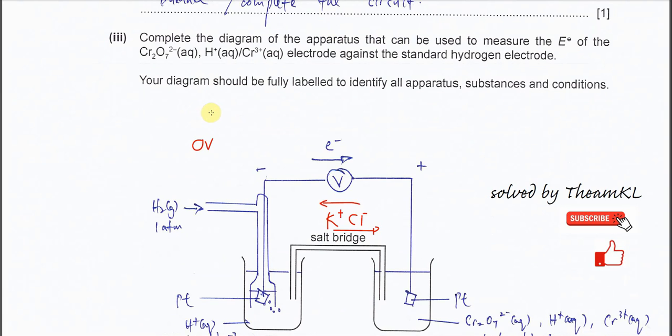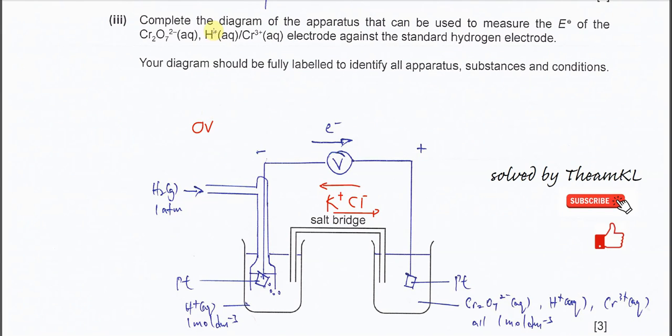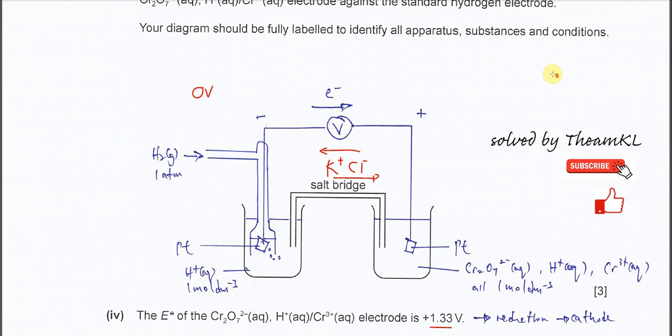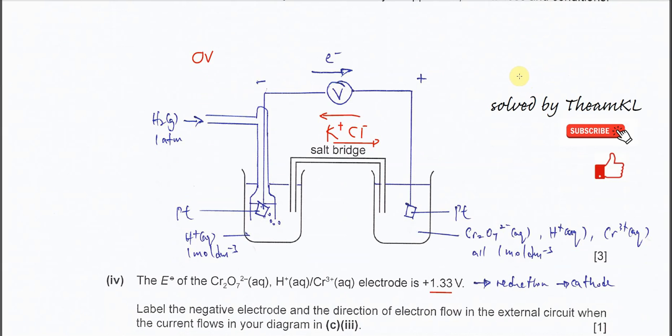Now, for part 3, complete the diagram of apparatus that can be used to measure the E0 of this dichromate half cell against the SHE. Your diagram should be fully labeled to identify all apparatus, substance, and condition. So you have to put all in.